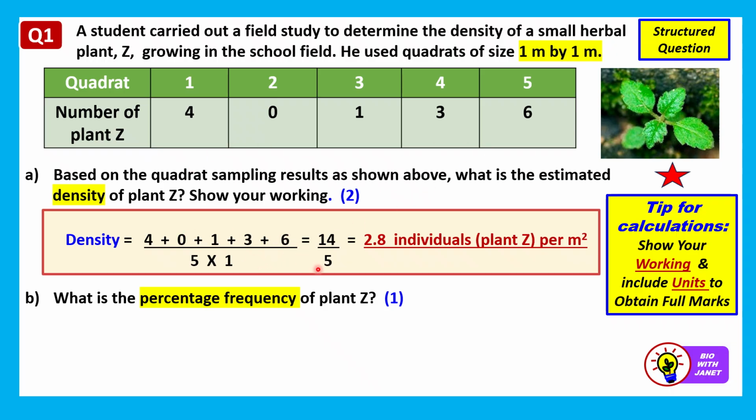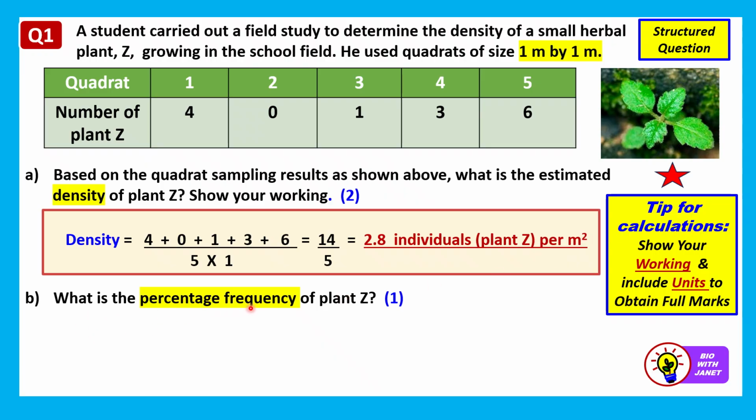So 14 over 5. And then the answer is 2.8. Now 2.8 is not enough, you must have the units. Individuals of plant Z per meter squared. The unit is plants per meter squared. So without the unit is also wrong.